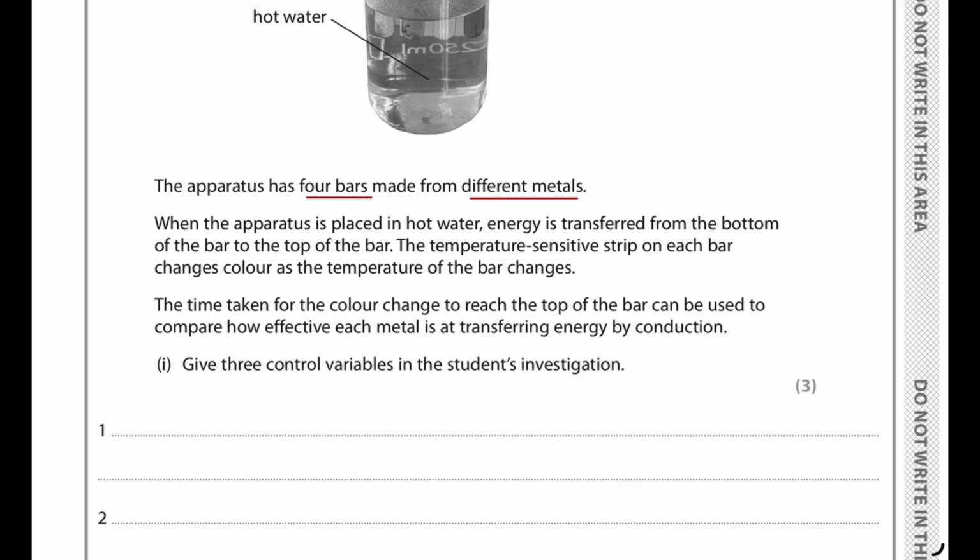The temperature-sensitive strip on each bar changes color as the temperature of the bar changes. The time taken for the color change to reach the top of the bar can be used to compare how effective each metal is at transferring energy by conduction.